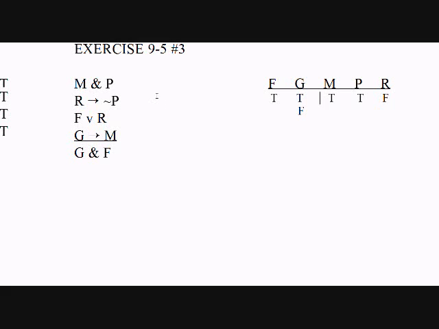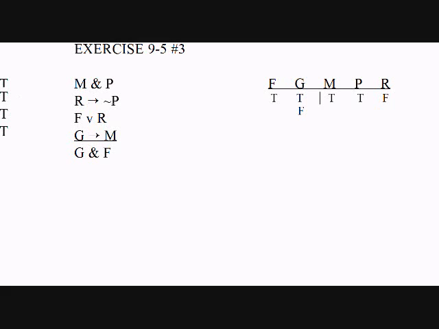So where are we so far? If M and P are true, then the first premise is true. If R is false, given that P is true, and so we have not P as the consequent, in if R then not P, where R is false and P is true, we have true for that entire claim.